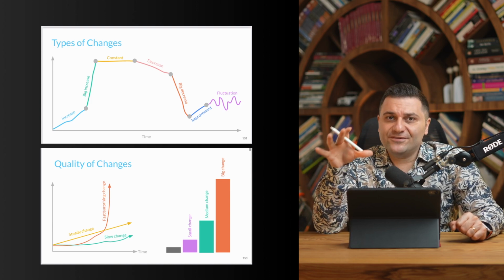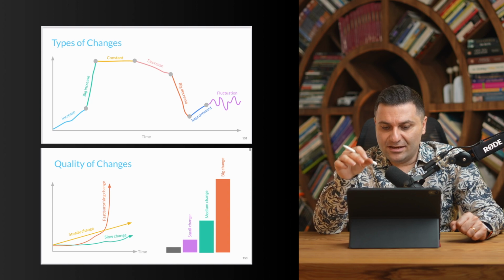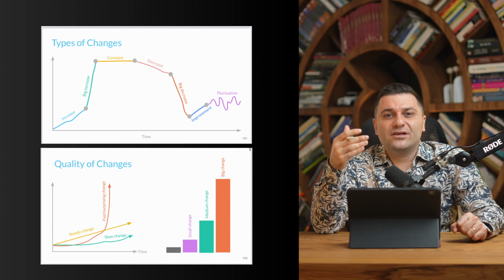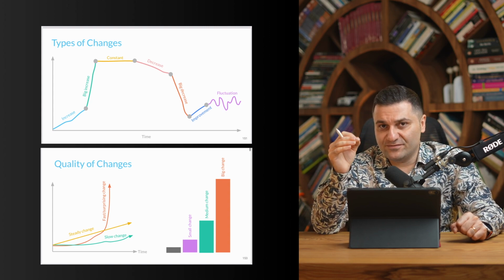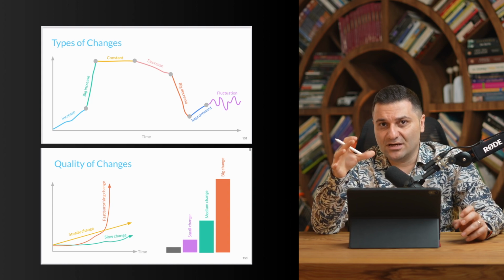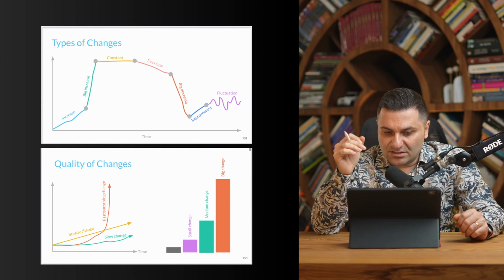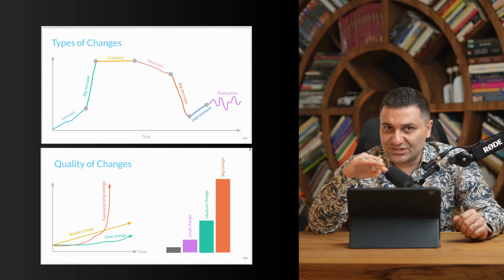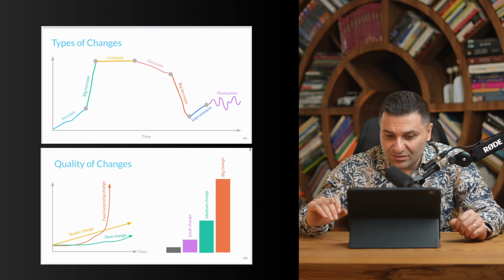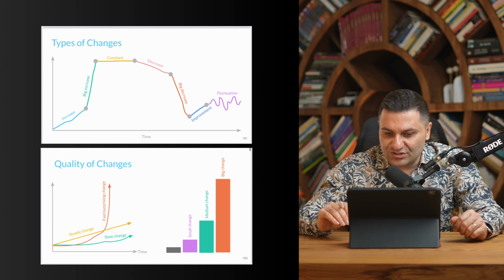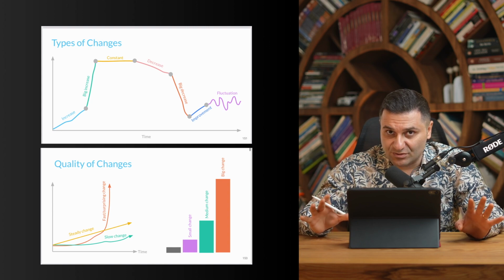Now let's take a look at another example. Here is the quality of change. The quality of change is very important when we want to analyze data. Sometimes the change is steady, as you can see on your screen, which is the yellow line. Sometimes the change is slow, and sometimes the change is very fast and surprising.